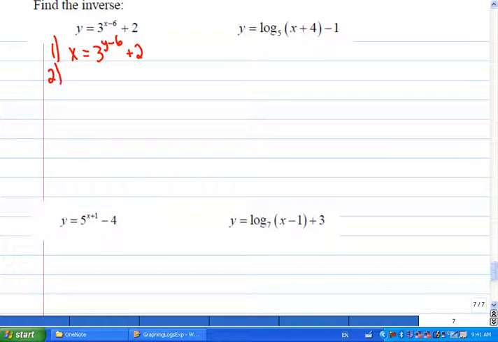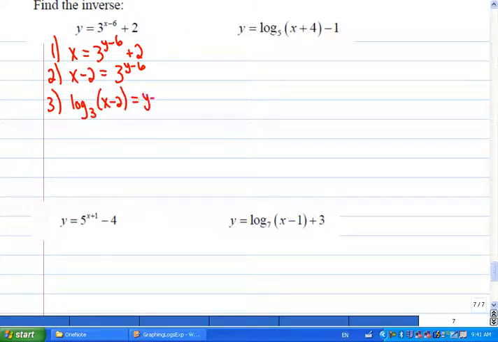Step number 2 is to get the exponential all by itself. And then step number 3 is to rewrite this as a logarithm. So this would be the log base 3 of x minus 2 equals y minus 6. So y equals log base 3 of x minus 2 plus 6.